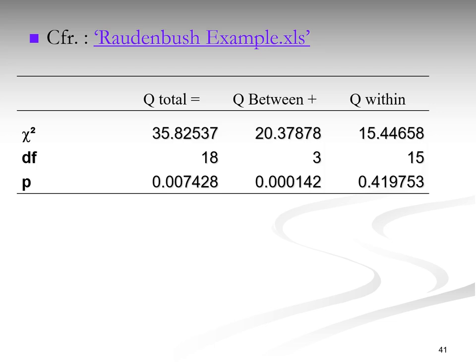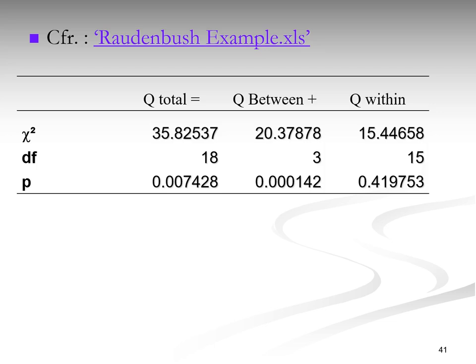We have a Q statistic equal to 35.83, with 18 degrees of freedom. This gives us a p-value that is smaller than 0.05, even smaller than 0.01. So we can reject the null hypothesis that all population effect sizes are the same.